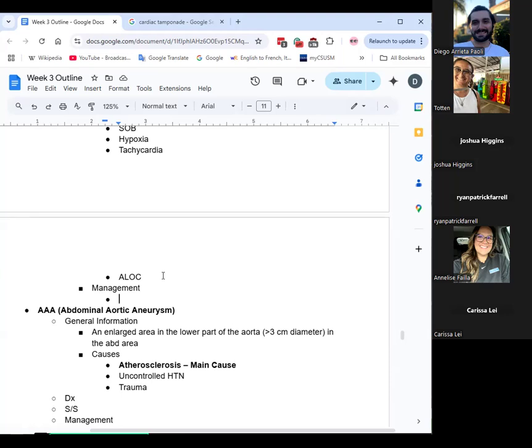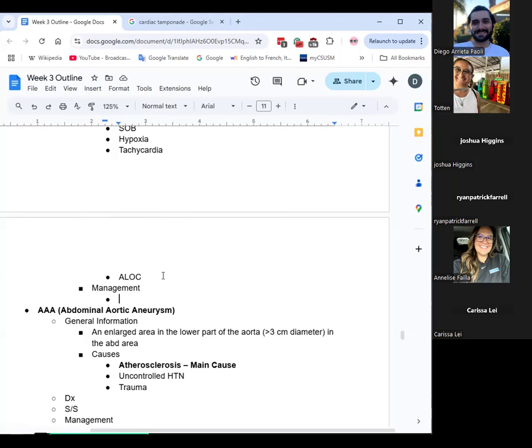But in terms of this condition, yeah, ABCs are the priority. What about fluids? How do you feel about fluids? Giving fluids? Do we give fluids? Do we take away fluids? Okay, Kevin says diuretics. What do you got?